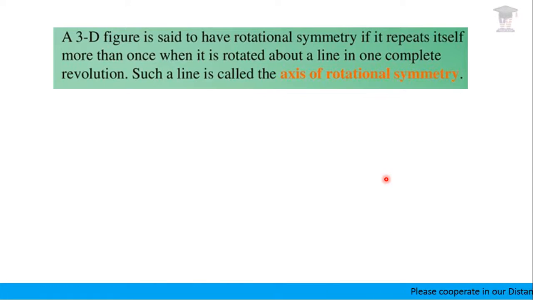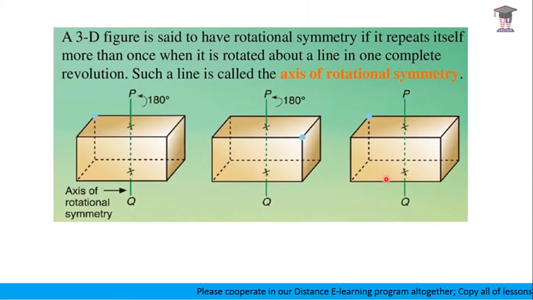From the example above, we can identify that for this cuboid, PQ is the axis of rotational symmetry. It cuts the center of the top surface and the bottom surface.